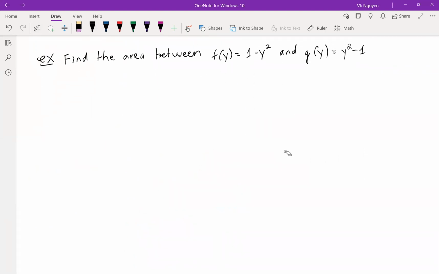One more example, the last one. Find the area between f(y) equals 1 minus y squared and g(y) equals y squared minus 1. Let's sketch them. x, y. So f(y) is 1 minus y squared, so this 1, minus y squared, is going to be a parabola going the other way.